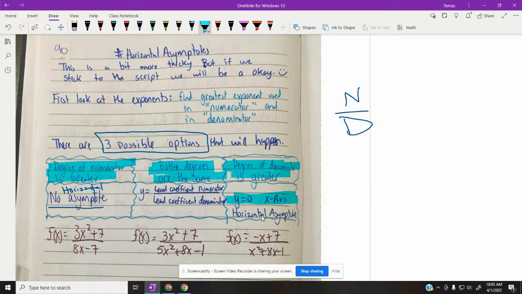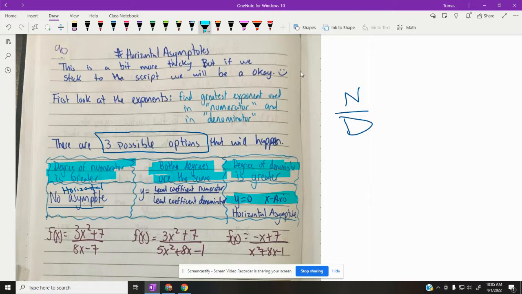So your three options are going to be the x-axis as the horizontal asymptote, no horizontal asymptote, and then specifically an asymptote that has a number. Each one of these three has a different way of calculating them. This is the way you figure out whether you have no horizontal asymptote.